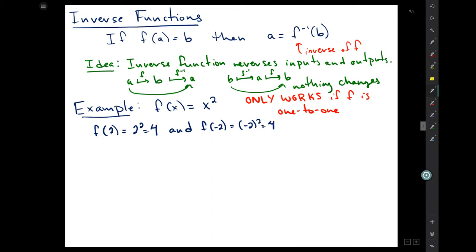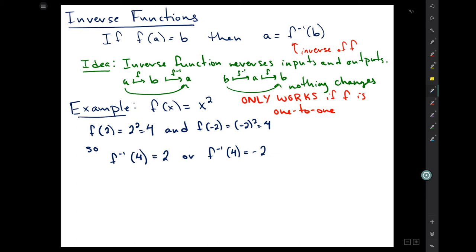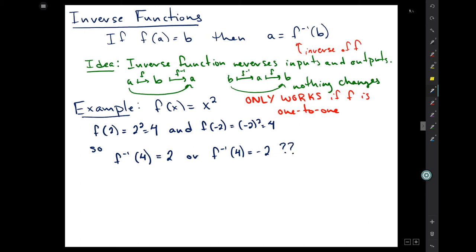So if we wanted to define f inverse of 4, we could either have that f inverse of 4 is 2 or f inverse of 4 is minus 2, and we don't know which. And that's a problem because that means that our inverse function is not well defined.